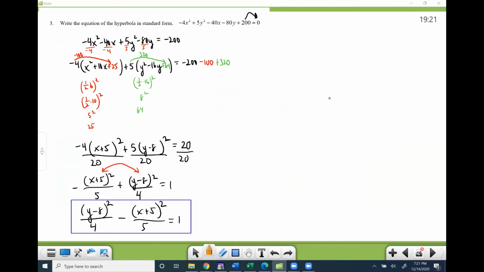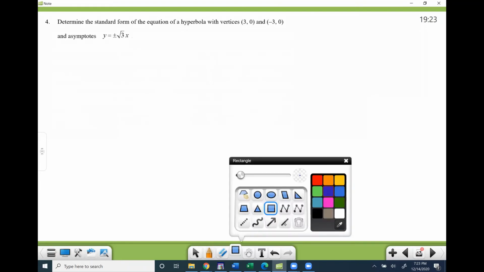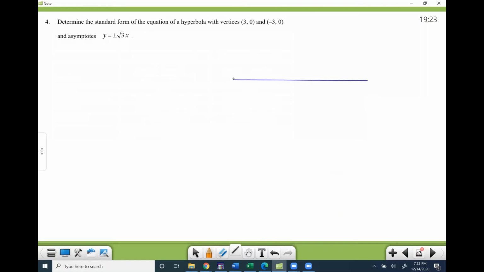Thank you. You're welcome. So it says, determine the standard form equation of a hyperbola with those vertices. I always draw it. I just have to. I'm going to draw it and I'm going to stare at it. So if I have vertices at 3, 0, so right here, and at -3, 0, the sheer fact that those are vertices, remember the vertex will always be like that, right?